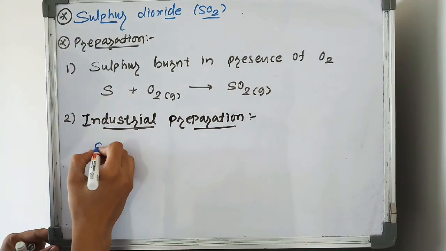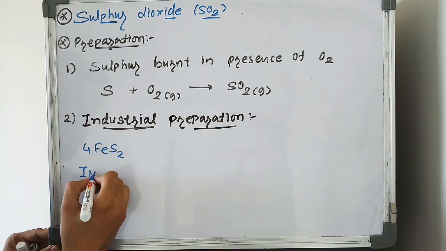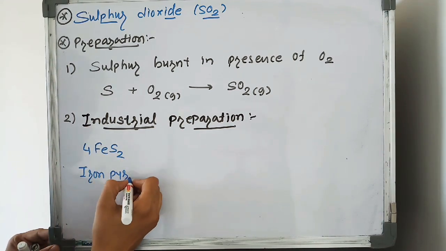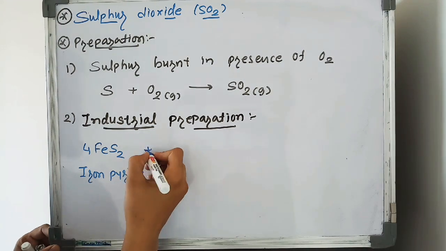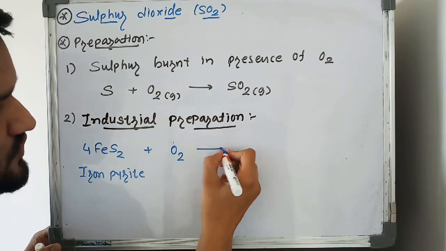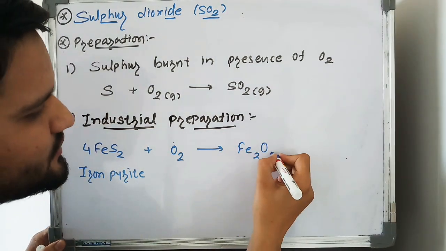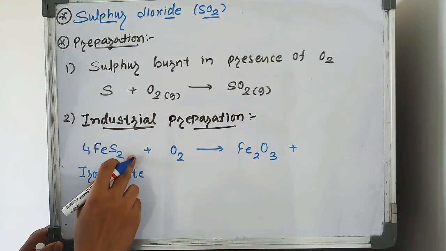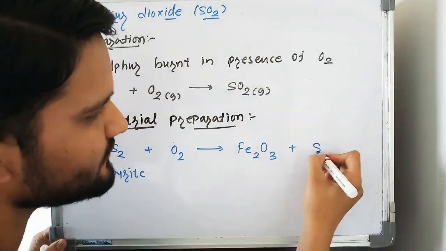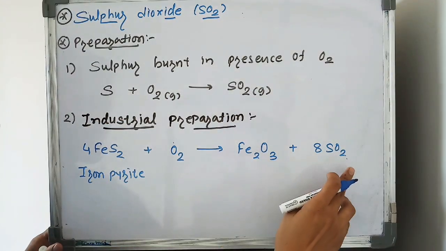First it is prepared from iron pyrite. Iron pyrite on its reaction with oxygen gives Fe2O3 plus 8 sulfur dioxide, which is released during the reaction.